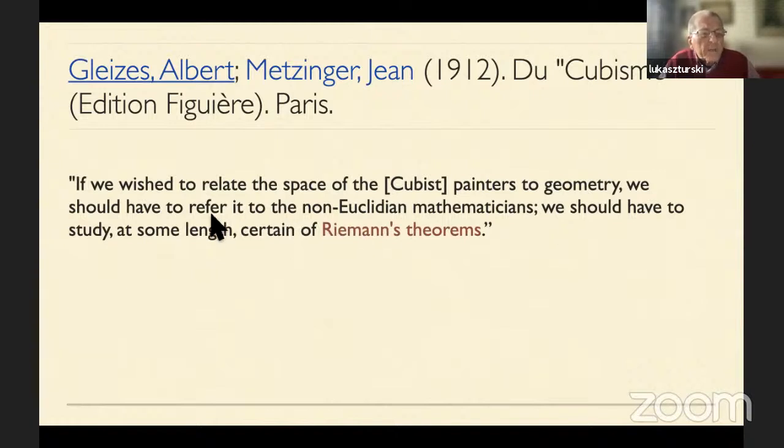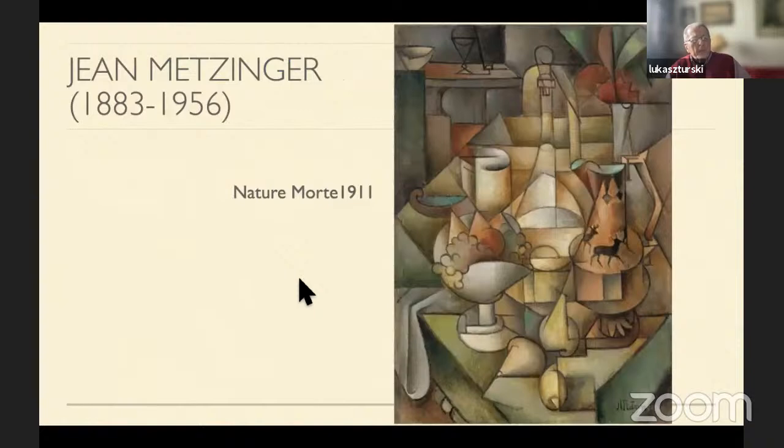If we wish to relate the space of the Cubist painters to geometry, we should have to refer it to non-Euclidean mathematics. We should have to study at some length certain of the Riemann theorems. So as you see, this is basically what we have been talking about until now. And that is a painting by Jean Metzinger called Still Life or Nature Morte from 1911.